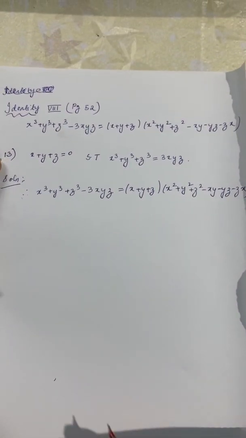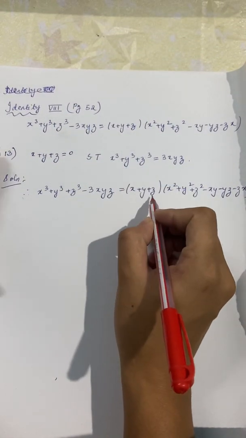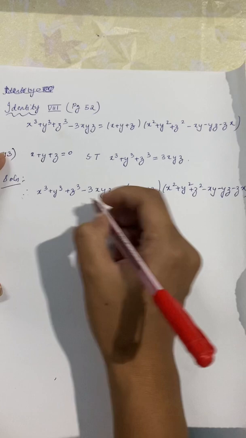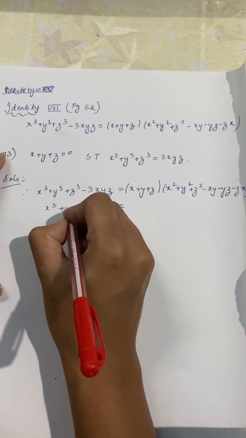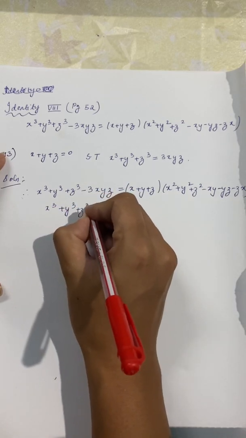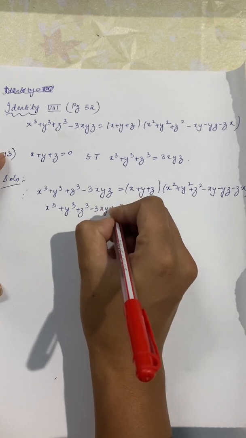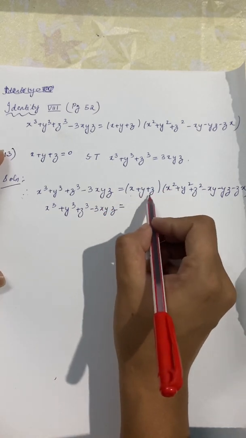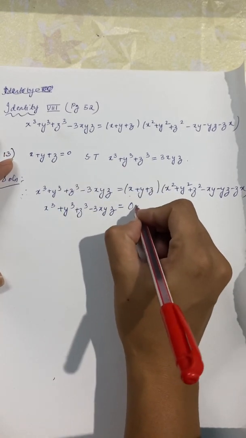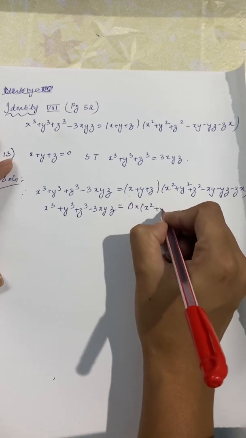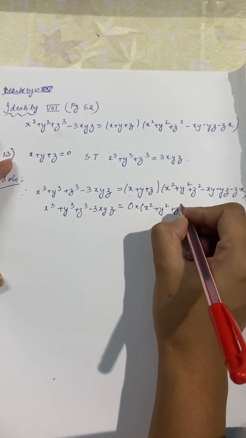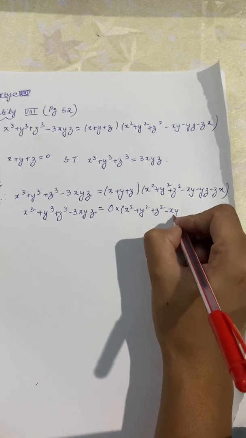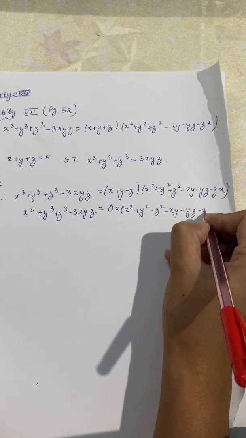In this question we already have that x plus y plus z is equal to 0. So you have x cube plus y cube plus z cube minus 3xyz. In the question, x plus y plus z is equal to 0. So 0 into x square plus y square plus z square minus xy minus yz minus zx.